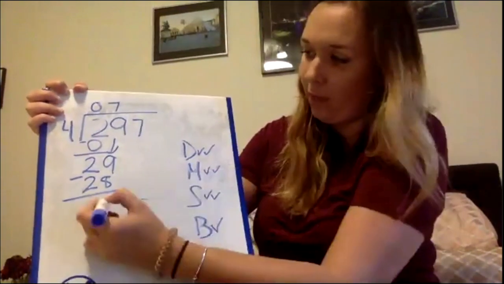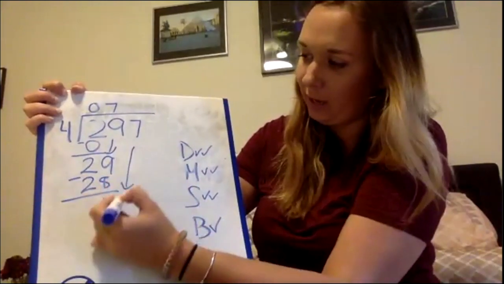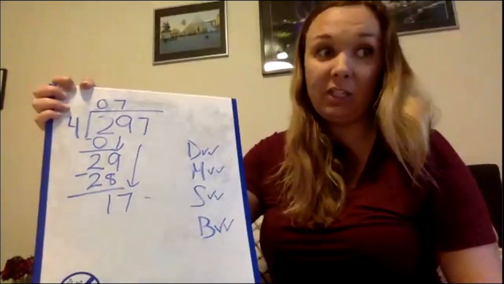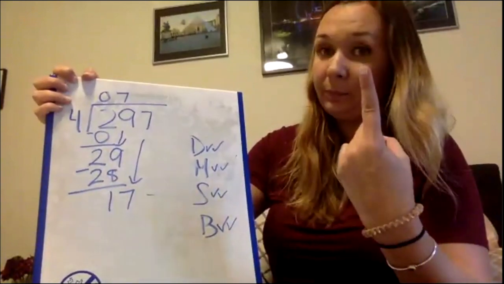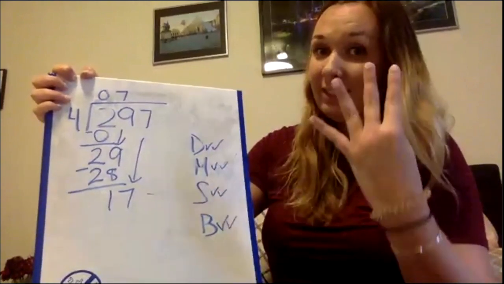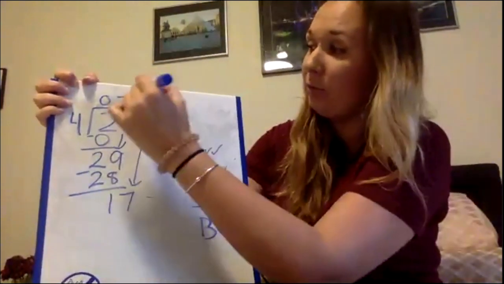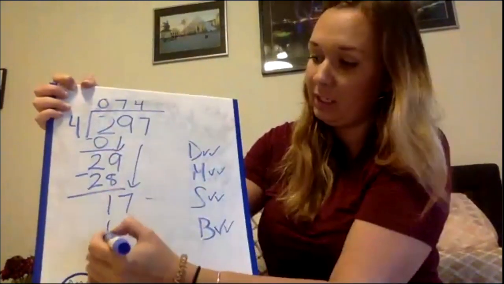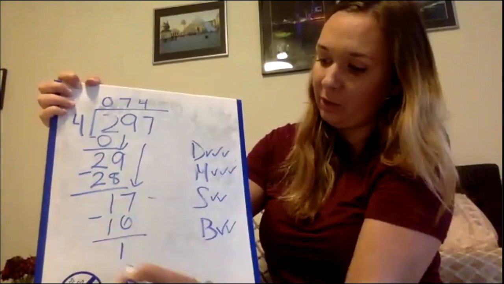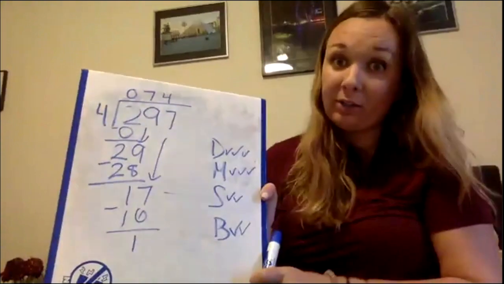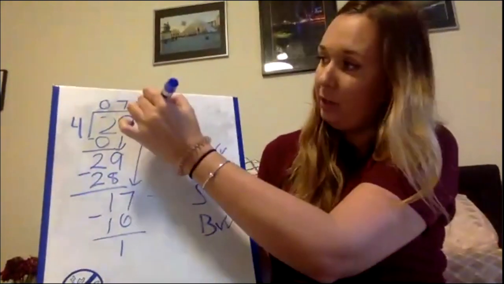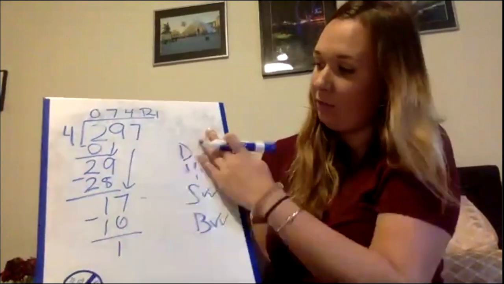And I have 1 left over, and I bring down that 7, and I ask myself, how many 4s fit into 17? 4, 8, 12, 16, so I can fit 4 4s in 17. 4 4s is equal to 16. When I subtract, I have 1 left over, and that 1 is my remainder because I have no more numbers to bring down. So my answer here is 74, remainder 1.